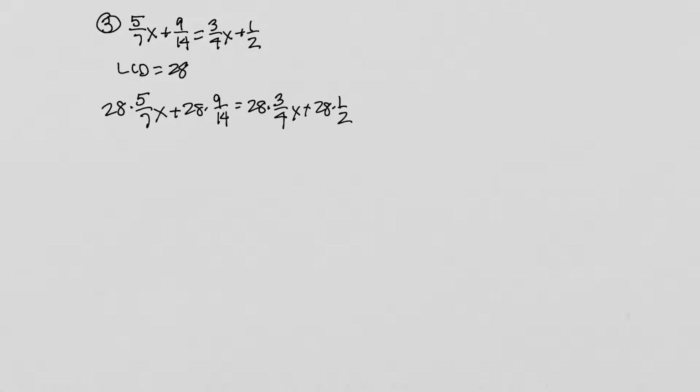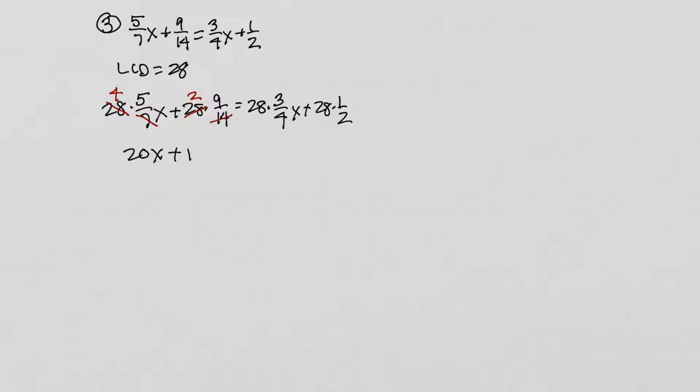And these denominators are going to cancel. We'll get 7 into 28 is 4. And then we've got 4 times 5x, right? So that's going to give us 20x plus, now 14 will go into 28 twice, and then we have 2 times 9, which is 18.